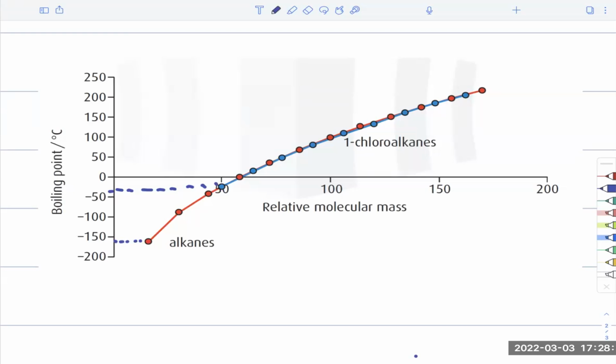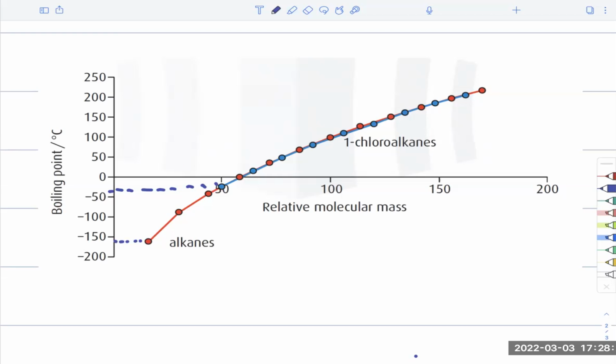So you can clearly see that chloromethane has a boiling point that is greater than minus 50, but simple methane has a boiling point that's less than minus 150. So that's a big difference. Similarly, chloroethane has a boiling point that is greater than zero, but simple ethane is a gas at room temperature.